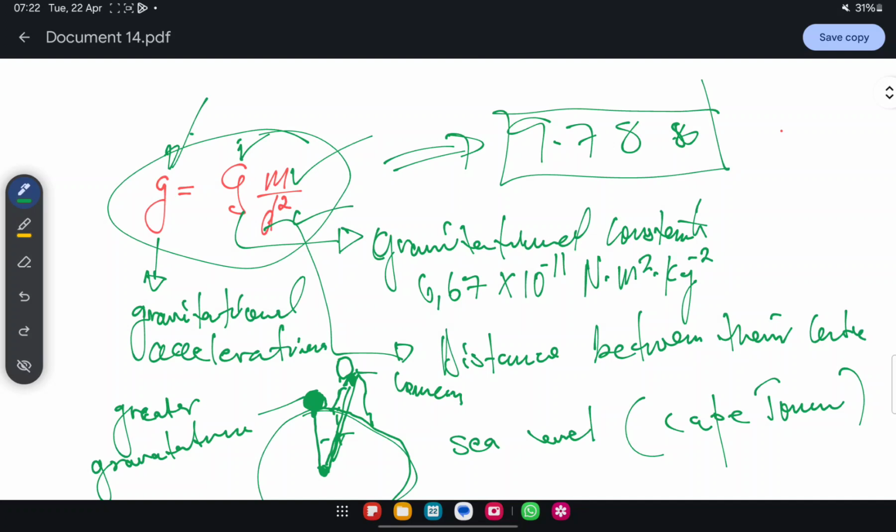We can say the object is weightless because the distance is far. In empty space, that is where an object can be truly weightless. Otherwise, the object is not weightless. Thank you very much.